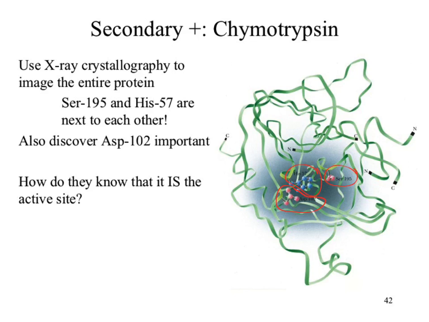Chymotrypsin was trying to cut phenylalanine or tyrosine. What if we built a fake peptide that mimics that? If we build a fake peptide that mimics and then somehow has it covalently bind into that site, when I go through and run X-ray crystallography, I now have that extra little piece stuck in my crystal. I now know that that's the active site because it was targeting that mimic. Okay?